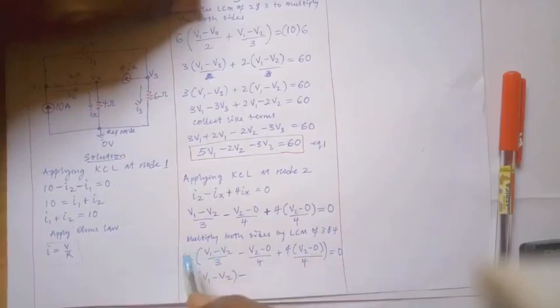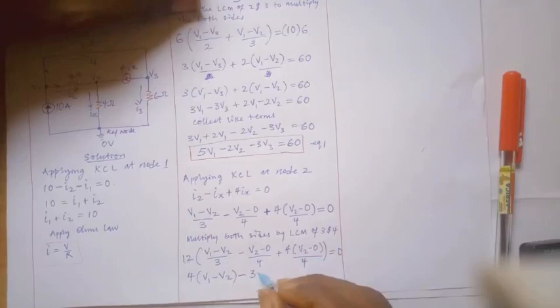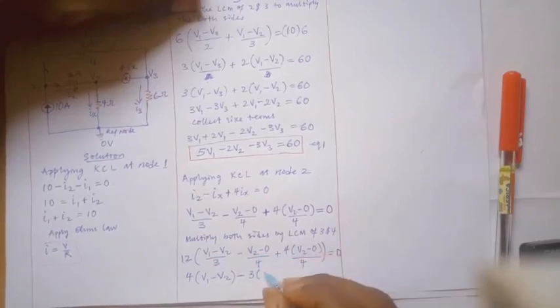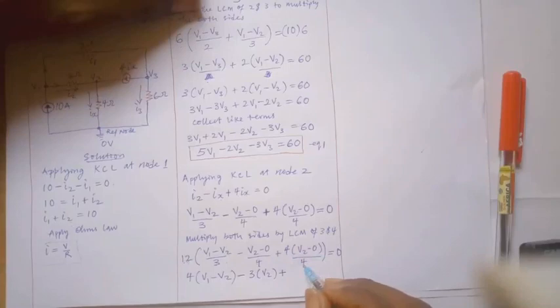Now let's come back here. 12 divided by 4, it will now be 3 into bracket V2 minus 0, which is V2. Now plus 4 divided by 4 is 1.